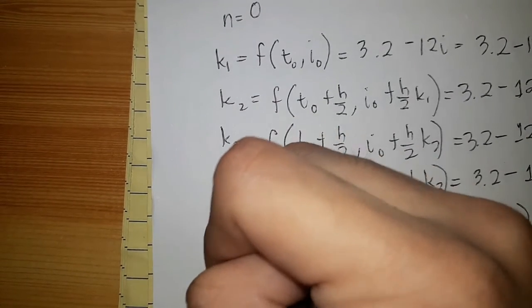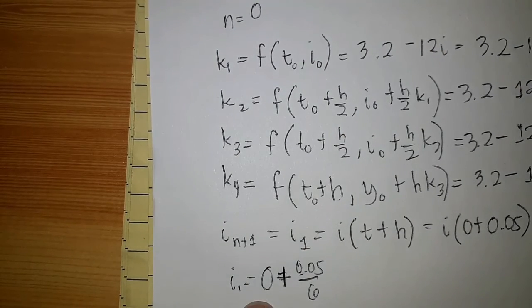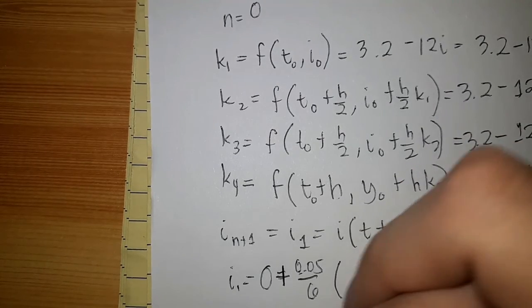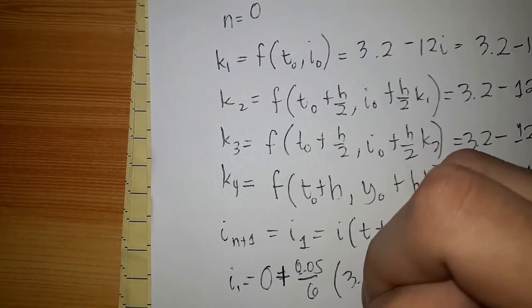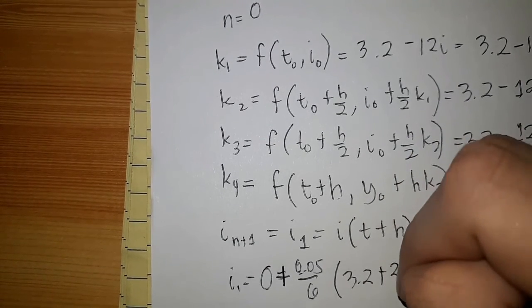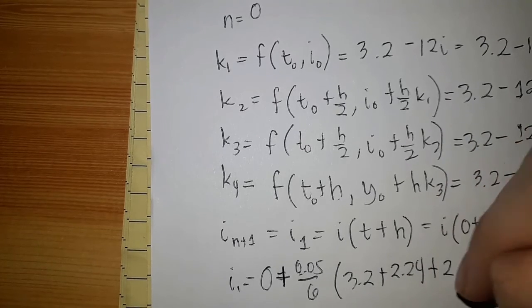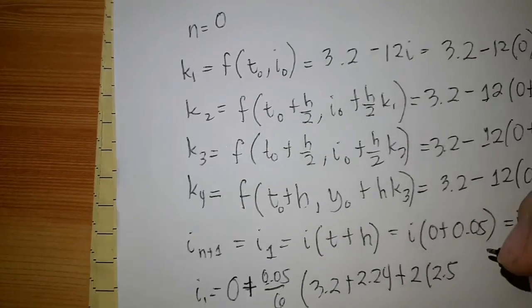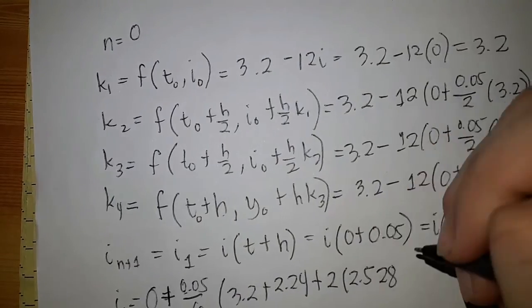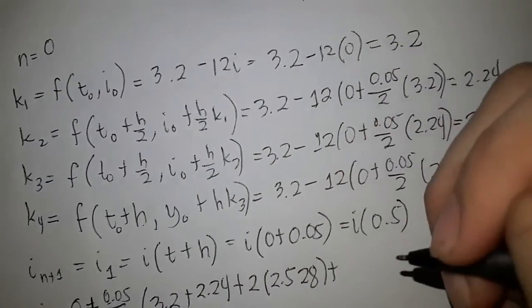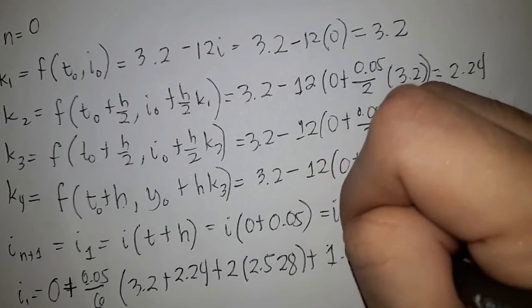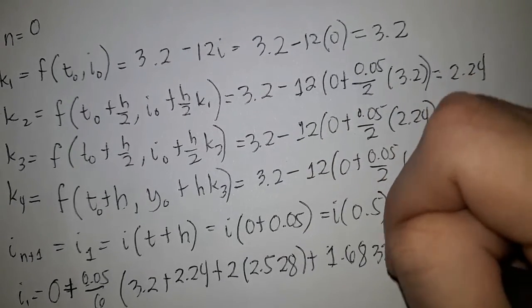So I sub 1 is equal to 0 plus 0.05 over 6 times the value of K1, which is 3.2, plus K2, which is 2.24, plus 2 times K3, plus K4, which is 1.6832.